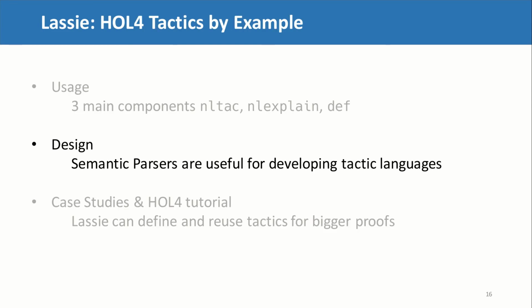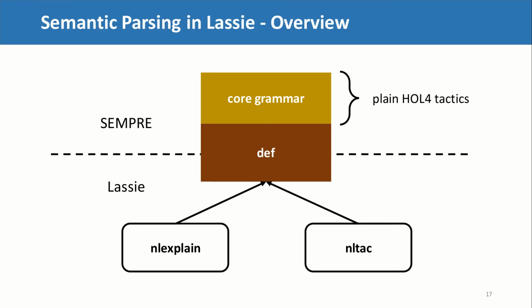Coming back to the big picture, you've now seen how Lassie is used, and now I want to shed some light onto how the semantic parser is used by Lassie to develop these tactic languages. As a quick overview, you can conceptually split Lassie into two worlds. There is the front-end Lassie world, which is using NL-explain and NL-tac, interfacing with the semantic parser Sempre.